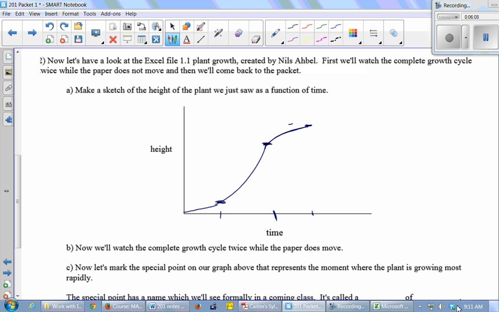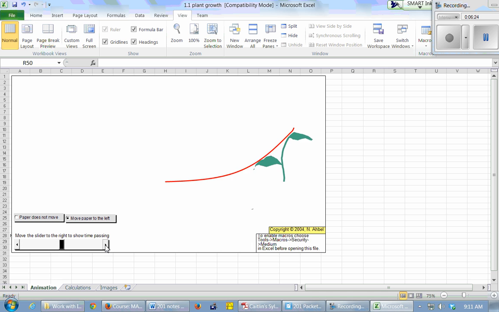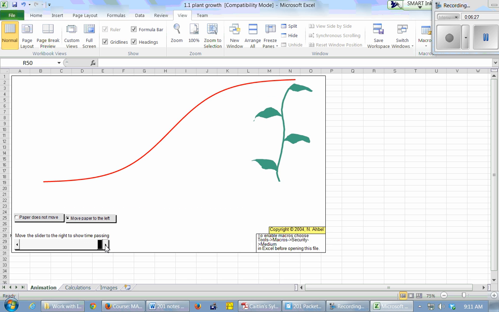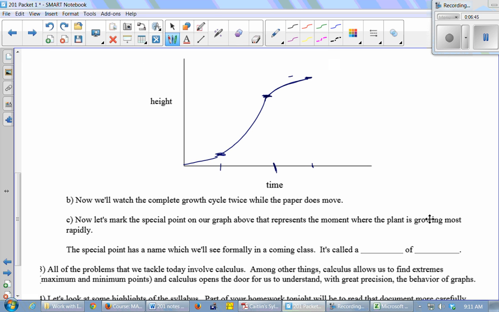Now we're going to watch it again, and we're going to watch the paper moving, and the paper is going to mark the height as a function of time. Pretty neat, huh? So that's what its height looks like as a function of time. Slow, fast, slow. Let's mark a special point on our graph that represents the moment where the plant is growing the most rapidly.